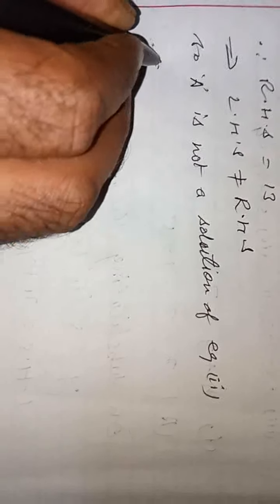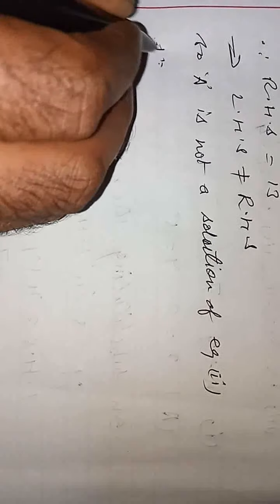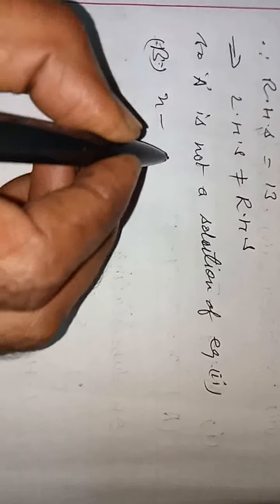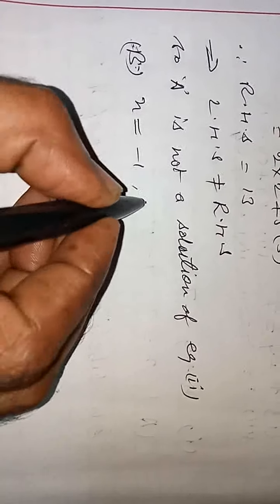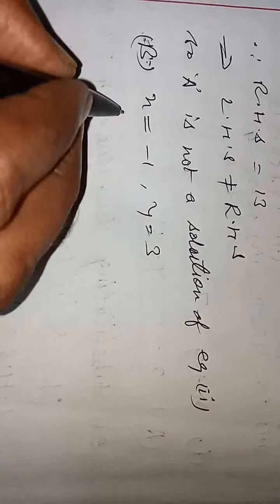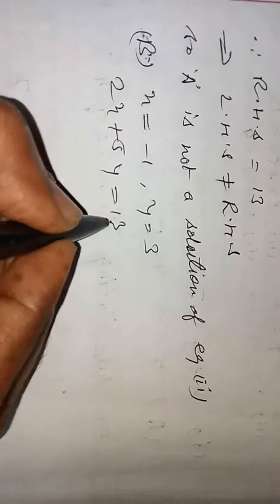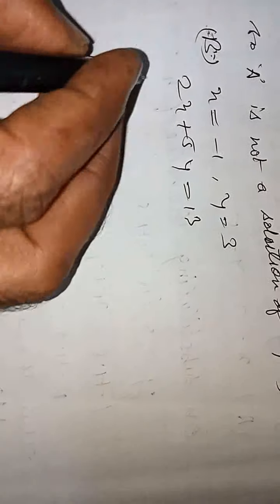Again, B, x equal to -1, y equal to 3. Equation is 2x plus 5y equal to 13.